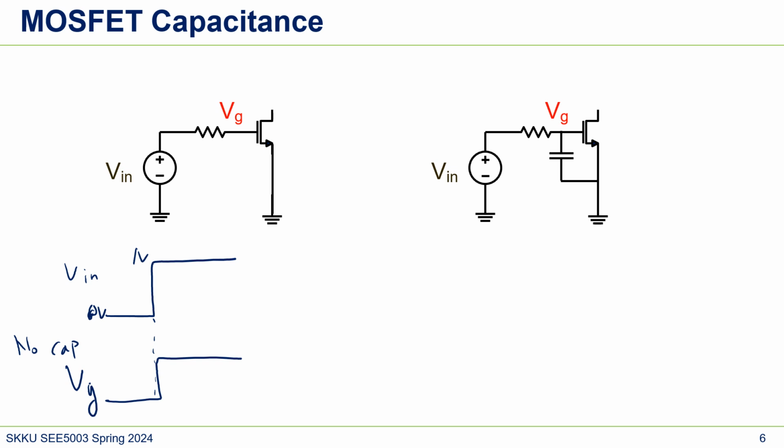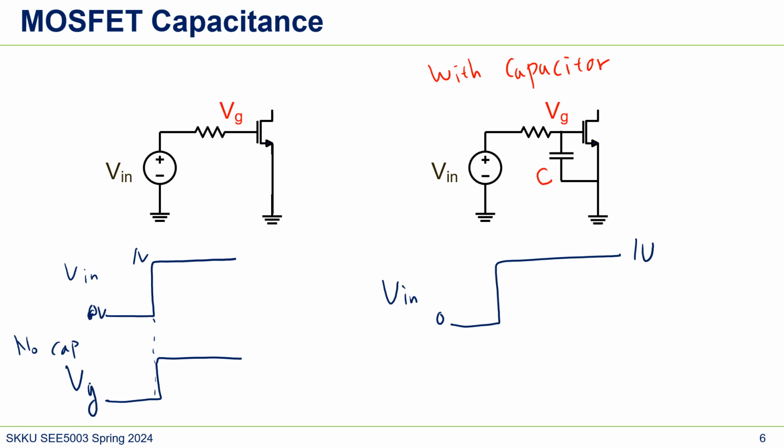But assuming that we suddenly have a capacitance C here, this is with a capacitor. We'll do V in as a step function, V in 0 volt and then 1 volt. You know what happens for VG?